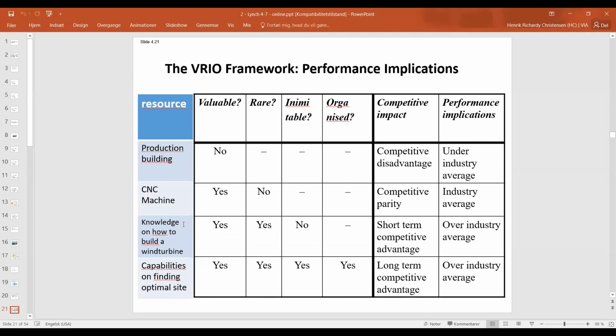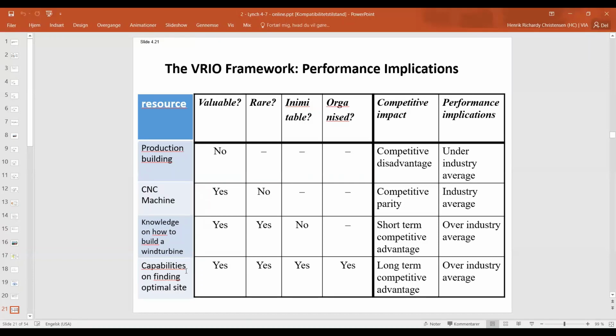And capabilities includes knowledge. So knowledge on how to build a wind turbine, is that valuable? Yes, it is. Is it rare? Yes, it's pretty rare. Is it not possible to imitate it? Well, it is possible. So it's not something that we can have forever, but it might then give us a short-term competitive advantage.